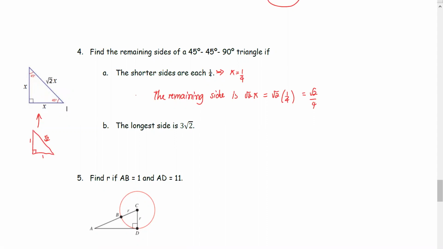Next part, the longest side is 3 times square root 2. The longest side is square root 2 times x, which equals 3 square root 2. Square root 2 cancels. Therefore, your x is 3 as the two shortest sides.